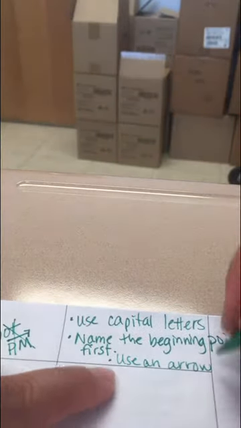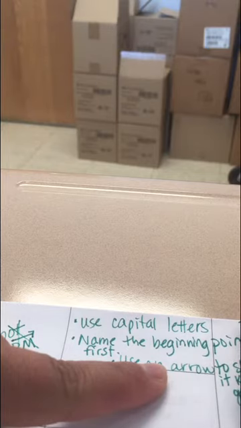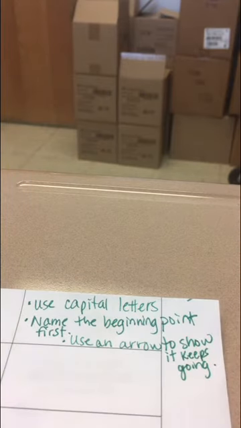So always identify the beginning point first and then use an arrow to show it keeps going. So the ray is going to have a start point and keep going in one direction only.